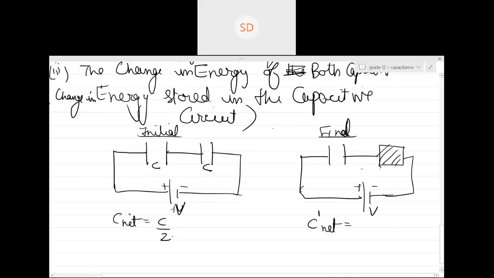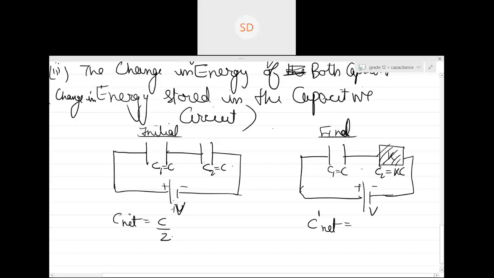What will be the capacitance of this? This will be K times C, this will be still C, right? So C plus C into C upon C plus C becomes C by 2, right?